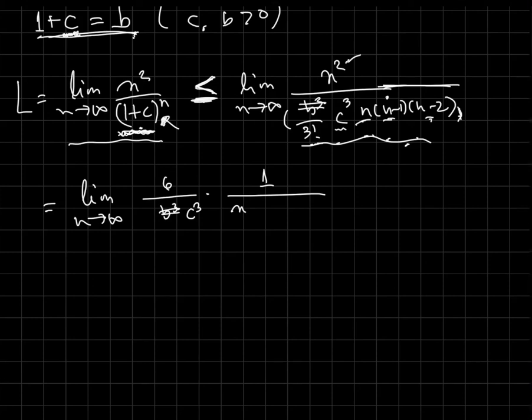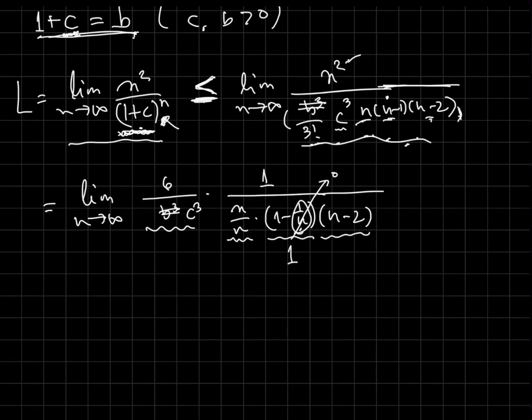And so if I'm going to bring down the n squared, we get n over n, then 1 minus 1 over n, then n minus 2. And we know that this is just a constant. This one is just 1. And this one goes to 0, right? And so this whole term, 1 minus 0, is just 1. And this one, we know that this goes to infinity. And so we are left with limit 0, right?